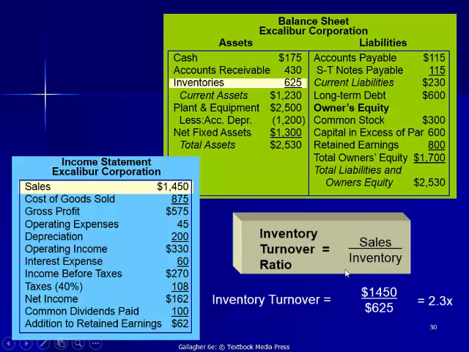If so, we put the inventory on the shelf, we sell it, we restock, we sell it, we restock, we sell it, and that would give you a very high inventory turnover. If, on the other hand, you're in a business where the inventory does not convert into sales quite as quickly, let's think of maybe a music store that sells pianos and musical instruments, those kinds of companies with that kind of inventory are going to have a lower inventory turnover.